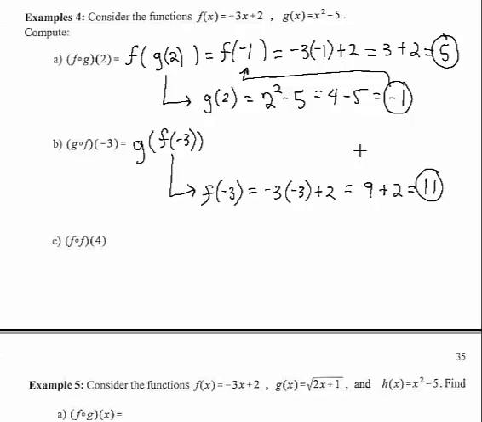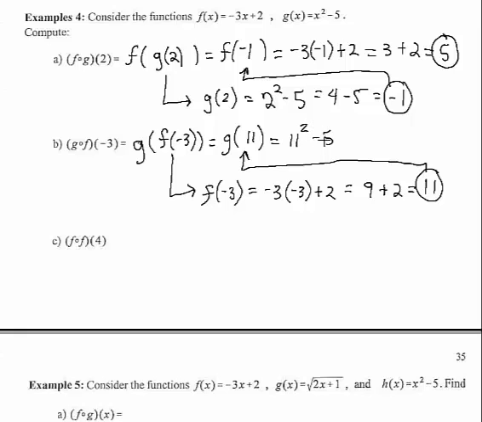We take 11. We go back to the expression that we wrote for the composition of the two functions. We replace f of negative 3 with 11. And now we compute g of 11. The function g is x squared minus 5.